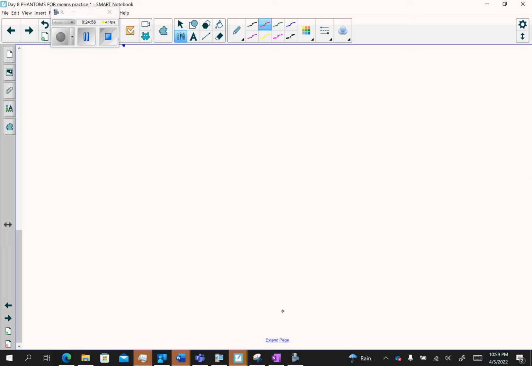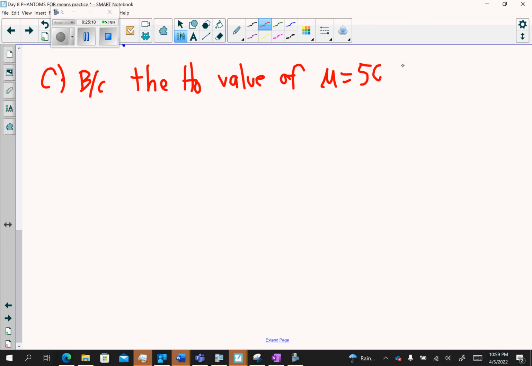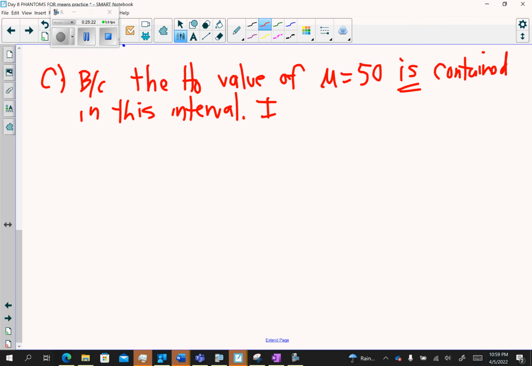So I did not even get a p-value yet, but I'm telling you that because the null hypothesis value of mu equals 50 is contained in this interval, it is a plausible value of mu.